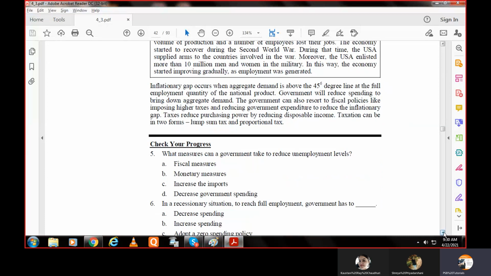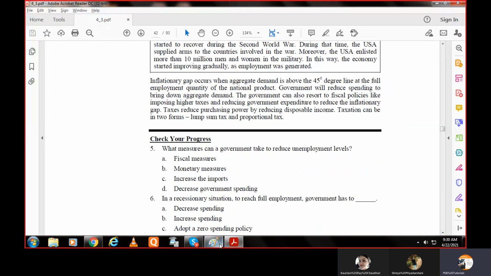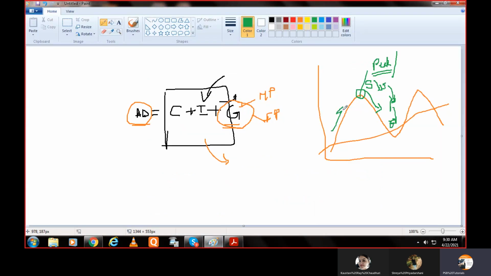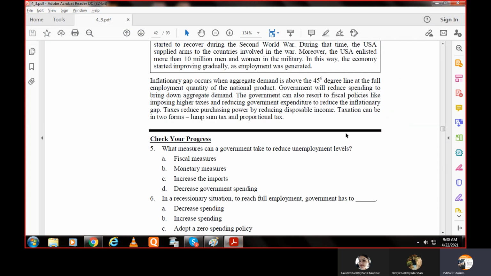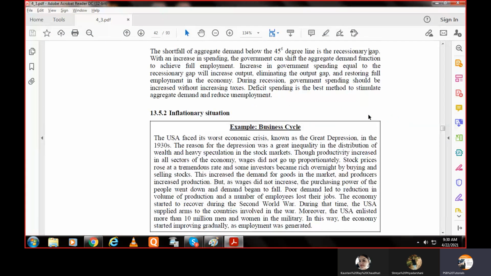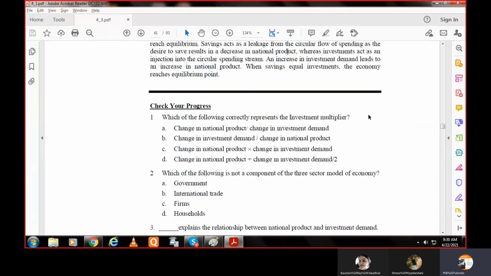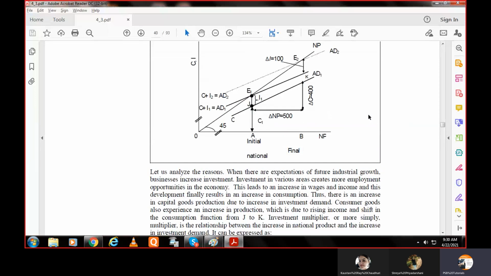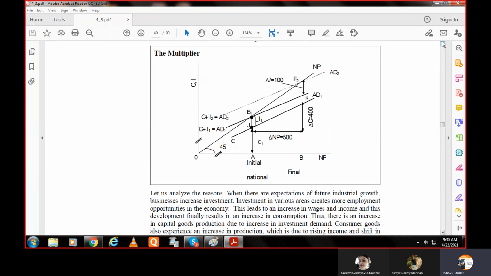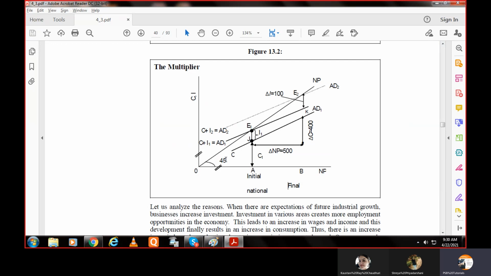Now the inflationary situation, again the opposite. This is the inflationary situation. See, it has been explained in this model. Everything has been integrated into the same model, given in the same format. That is how aggregate demand is increasing.